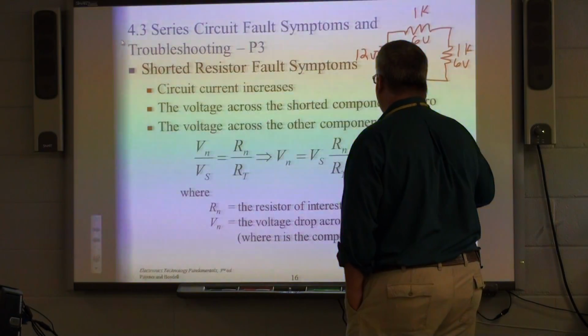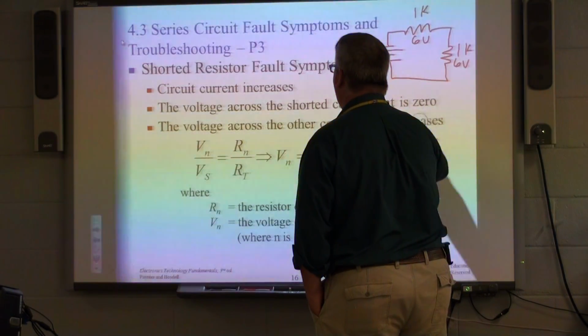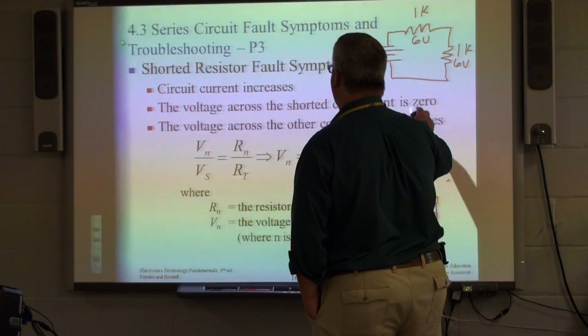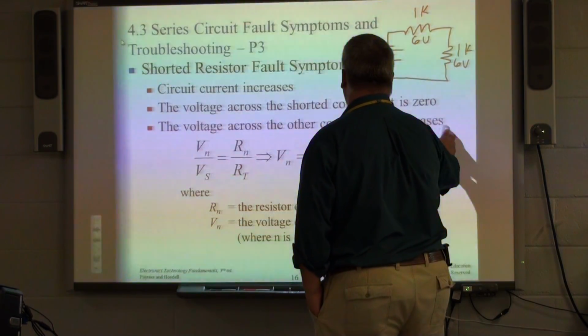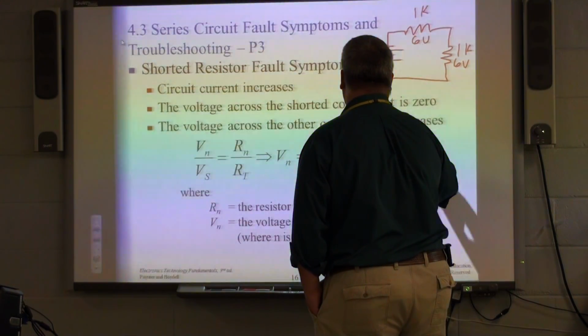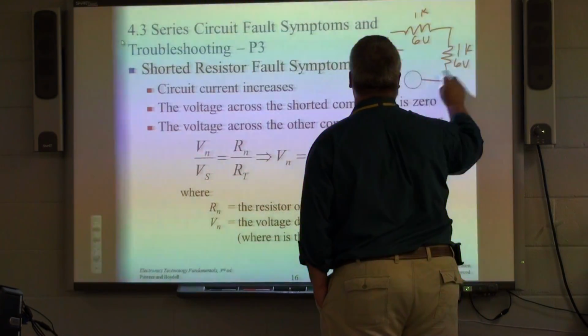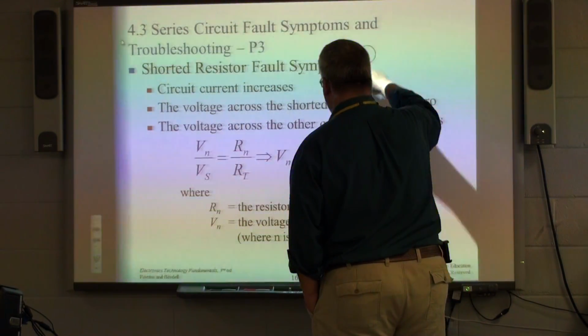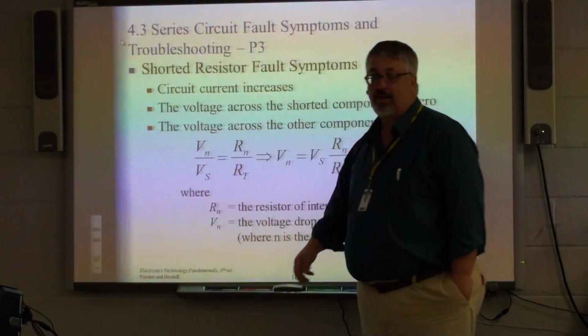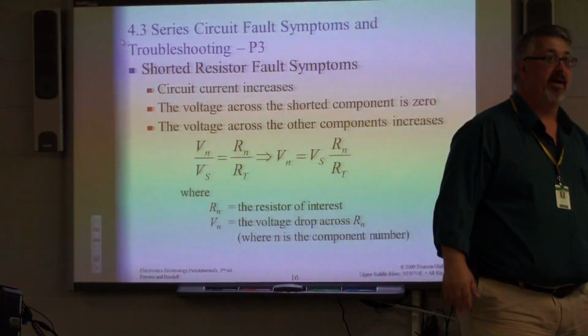So there's this nice formula that they're trying to show you: the voltage across the shorted component is 0, plus the voltage across the other. So basically, to get total source voltage, we have to take the voltage drops across the remaining resistors that aren't shorted and add them together, because the shorted one, by its very nature, is just not going to have a drop.